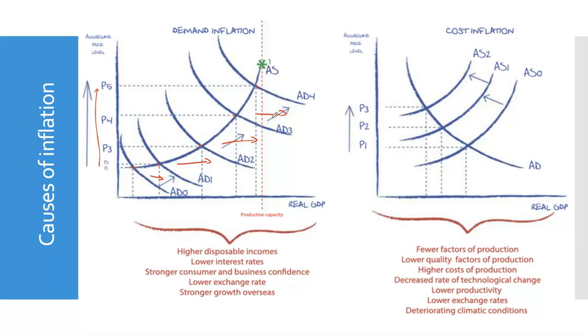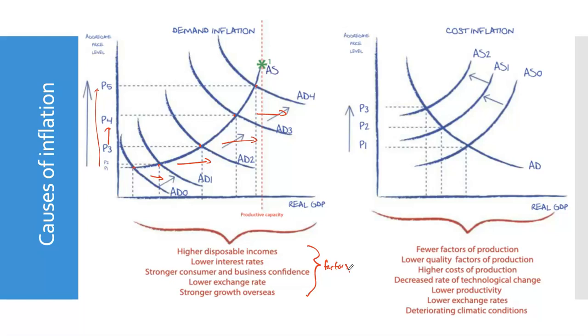So every time there's a shift in the aggregate demand curve, if there's no change in our aggregate supply, our equilibrium point will be a new one where there is an increase in our price level. And this is where we understand and go back to the causes that can result in a shift to the right of aggregate demand.